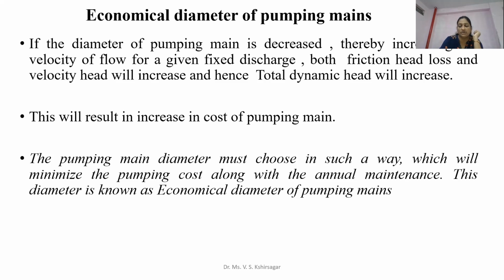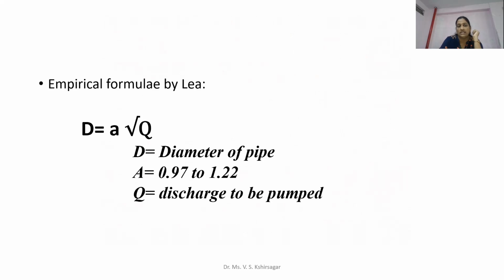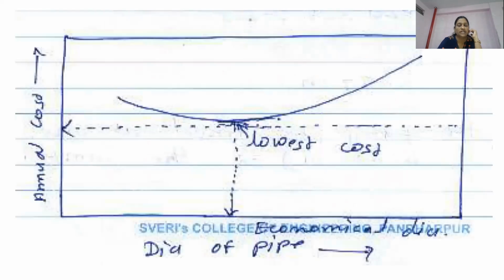Then, to determine it, Lea has developed an empirical formula: D is equal to A into root Q. D is the diameter of the pipe through which we are going to send the water, A is a factor which we can take as 0.97 to 1.22, and Q is the discharge to be pumped. By using this equation, we can determine the economical diameter of pumping main.